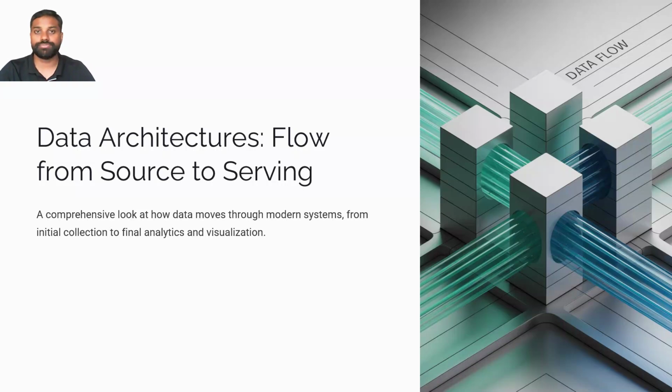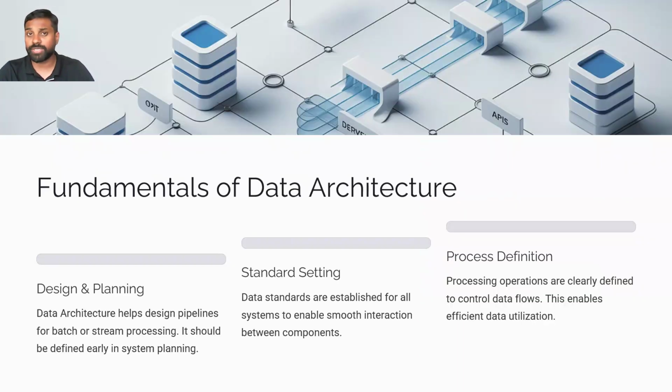Let's talk about this. As part of the fundamental concepts, the first step is we need to design and come up with a plan on how the entire data flow design has to be. This includes the tools and technology that we are going to adopt as part of the organization standards.